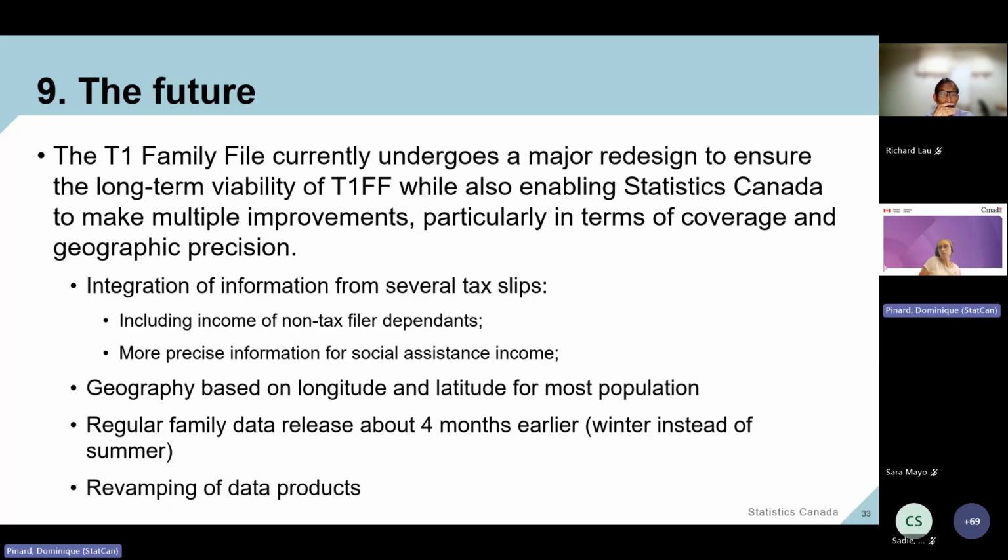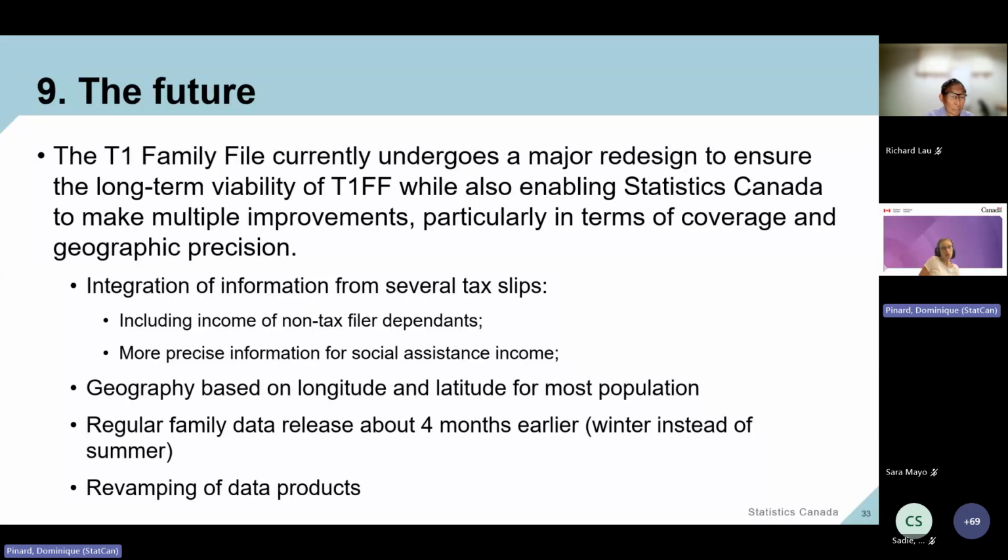Also, there will be an improvement to the geographical process that's in place. And the release product available free on the web should include a larger list of geographical attributes and a higher precision. We changed the methodology behind the way we assign census geography for most of the population.